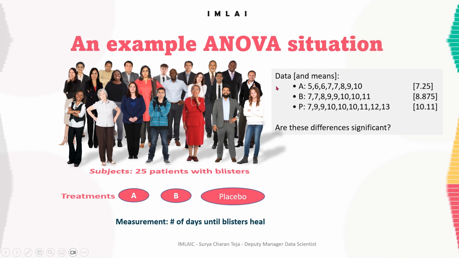I've taken the mean for treatment A, treatment B and P. The mean number of days until blisters healed with treatment A was 7.25, with treatment B it is 8.875, and with P it is 10.11.